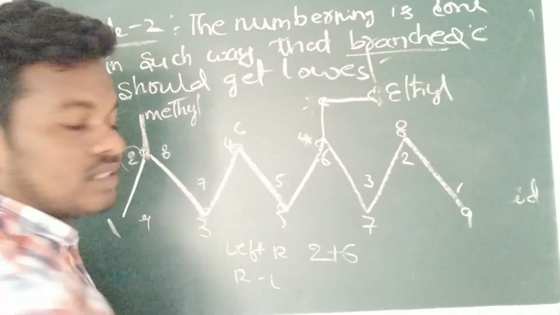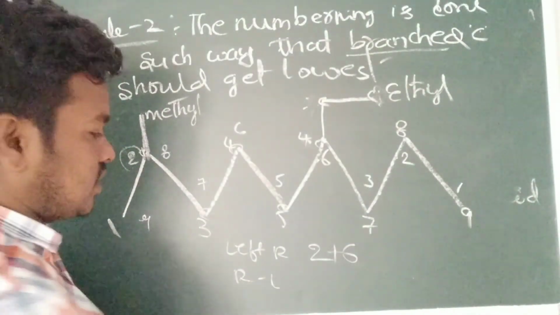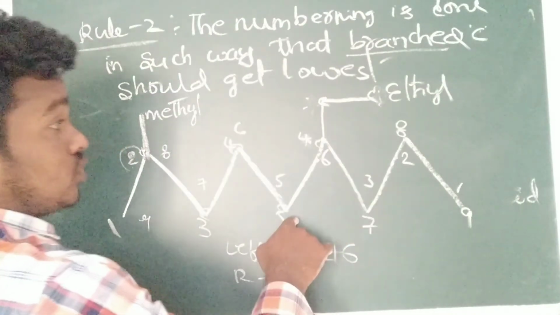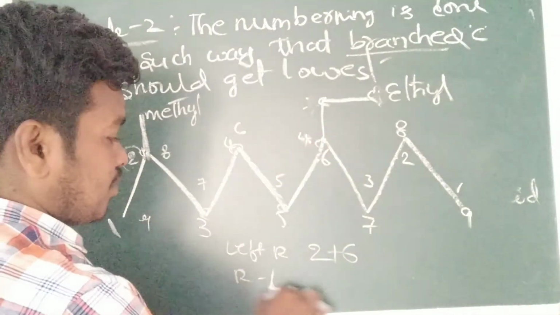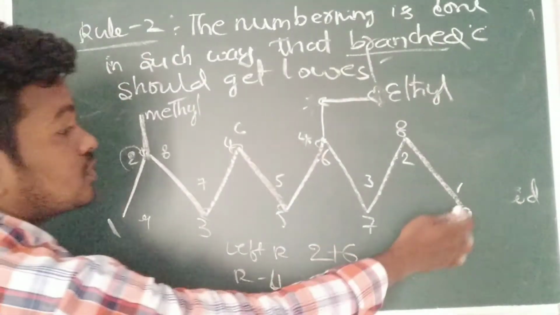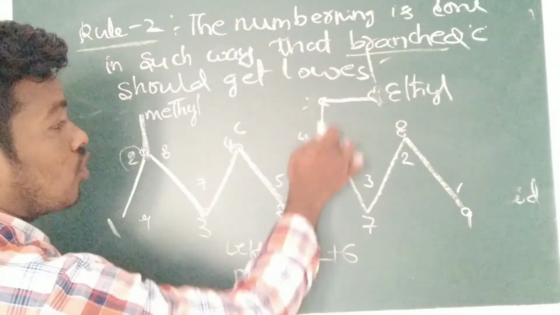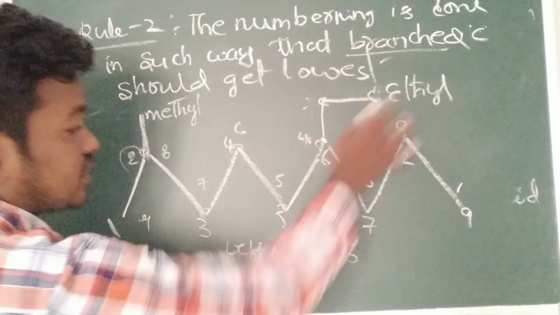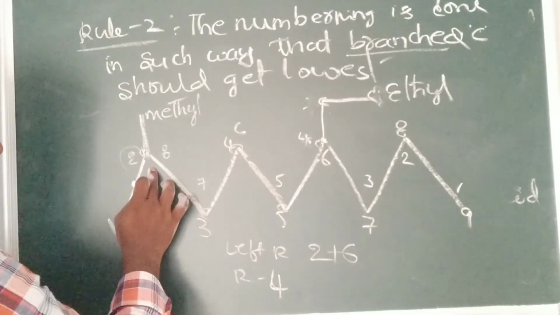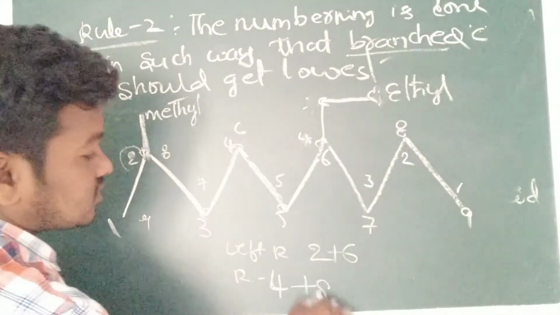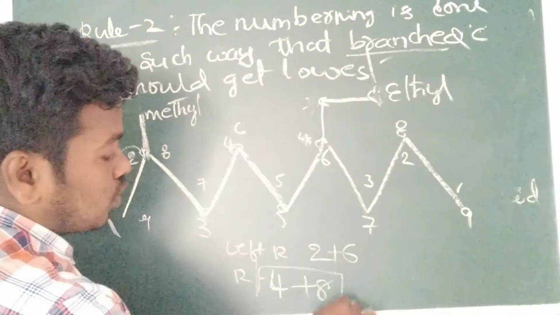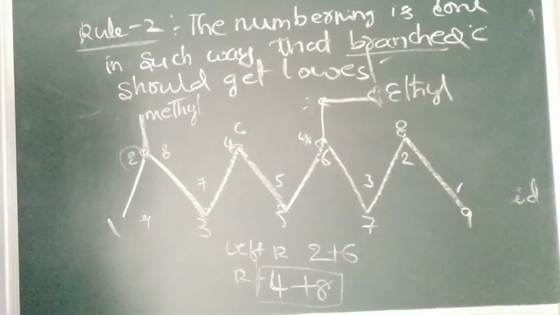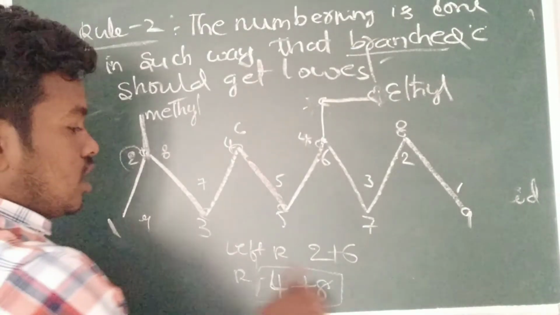Here it gets 6. From the right side to the left side, ethyl gets number 4. That means 1, 2, 3, 4, the fourth position has ethyl. Fifth, 6th, 7th, 8th position. At the 8th position, methyl is there. This is called the lowest locant rule, or lowest set rule.